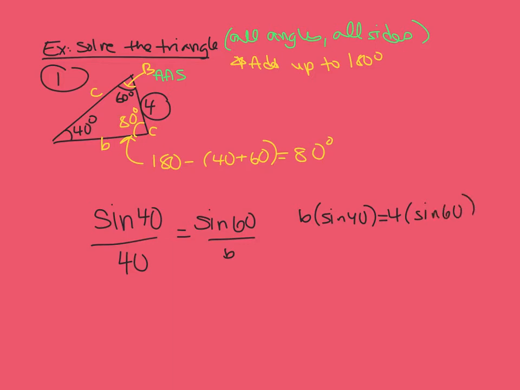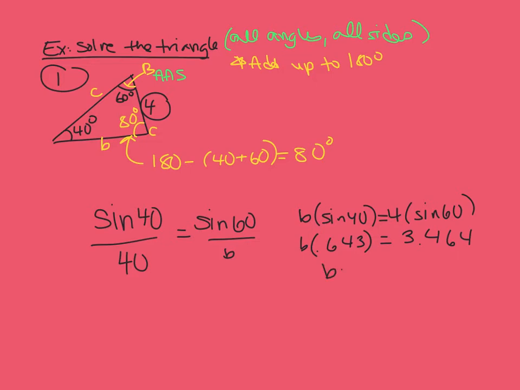Use your calculator to solve that. Make sure your calculator is in degree mode. We use it for radians a lot, but in this case, it needs to be in degrees. So hopefully you get 3.464 on that side. Sine of 40 is 0.643. I would recommend that you keep these things in your calculator, using the second answer button to get the exact value.